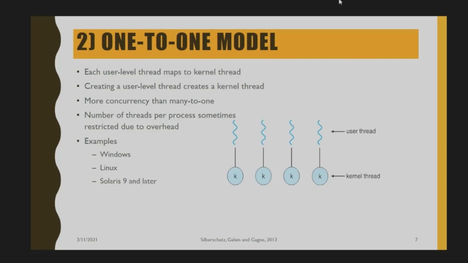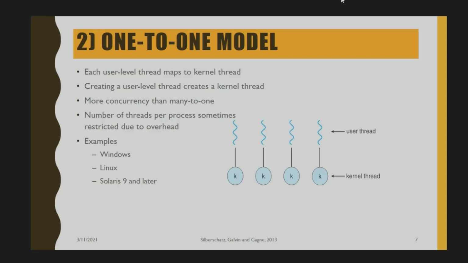So the drawback for this model is creating a user thread requires creating the corresponding kernel thread. It means when you have the user thread, then you need to create the kernel thread. Because of the overhead of creating the kernel thread, it can burden the performance of the application.